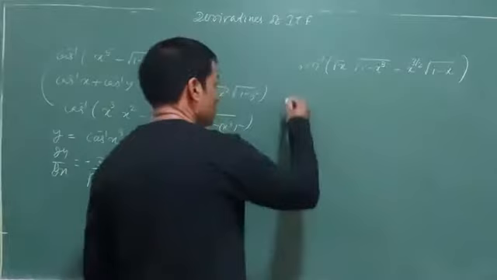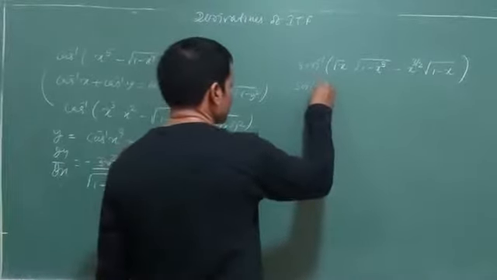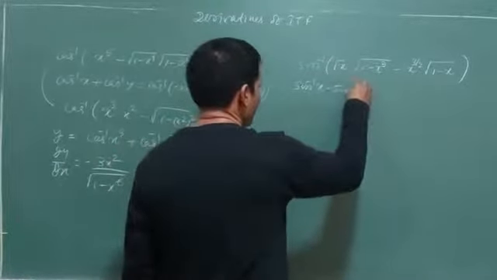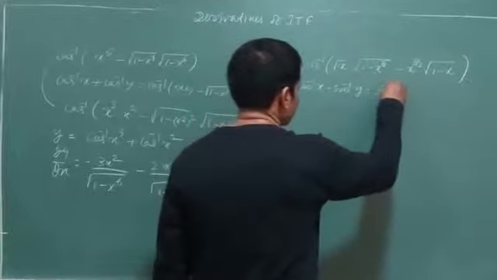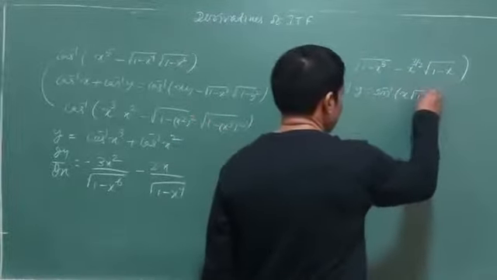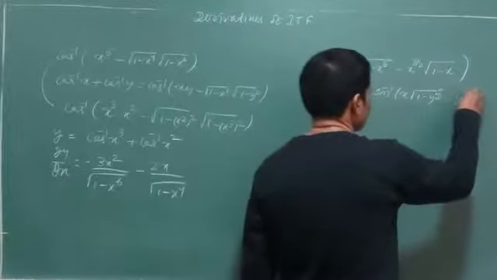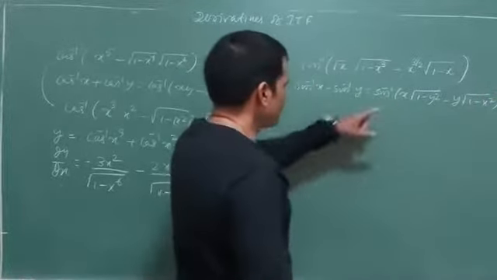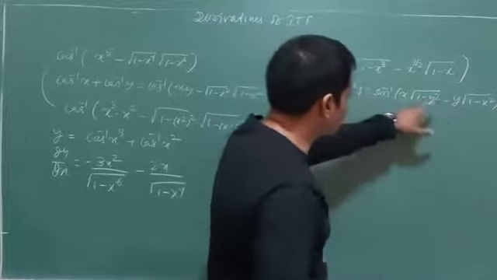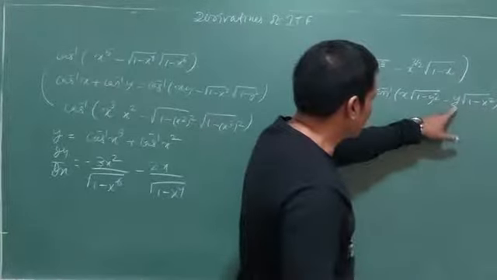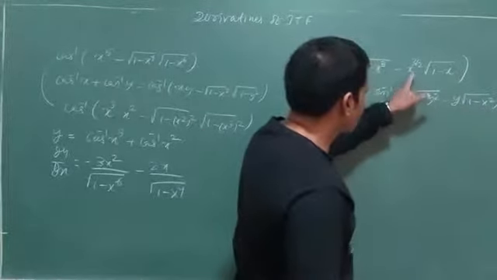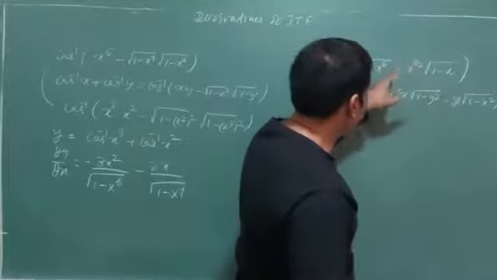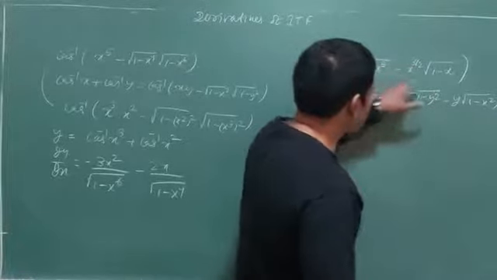Again, which formula will come to my mind? Sin inverse x minus sin inverse y is sin inverse of x under root 1 minus y square minus y under root 1 minus x square. That means whatever value will be here, its square value has to be here. And whatever value will be here, its square value has to be here. X to the power 3 by 2 squared is x cube. X to the power 1 by 2 squared is x.